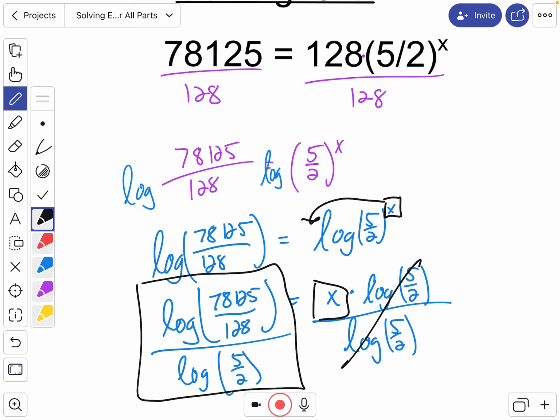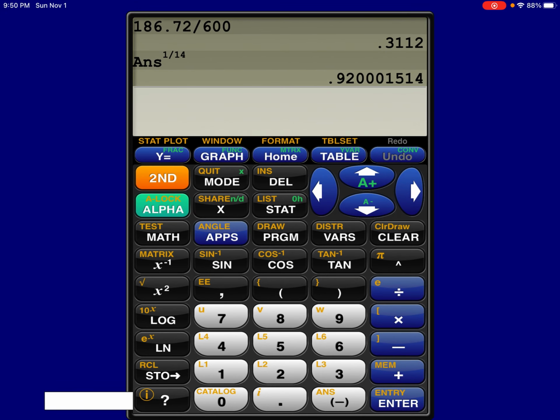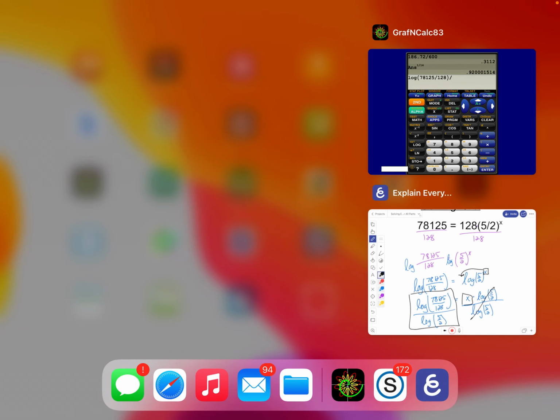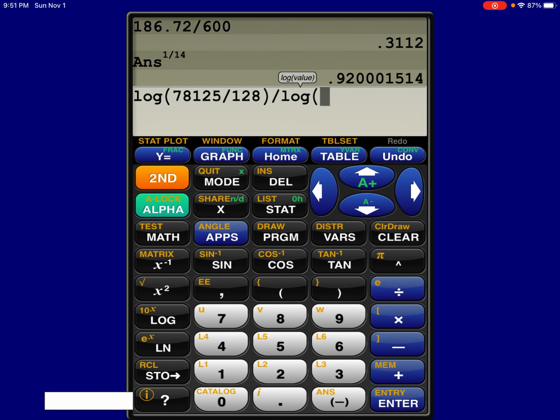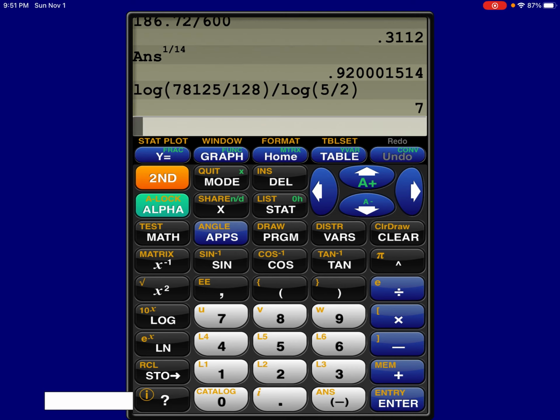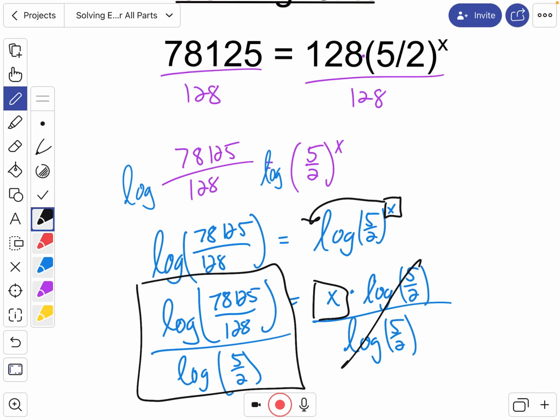All right, let's do it. Log of 78125 over log of 128. And then divide it by, what was it, log of 5 halves. Oops, yeah, that's what I wanted to do. Log of 5 halves. And we get 7. Look at that. That worked out nicely. So x equals 7.